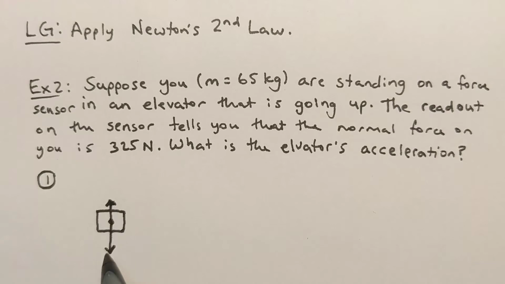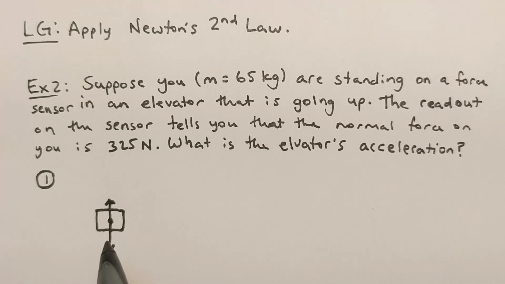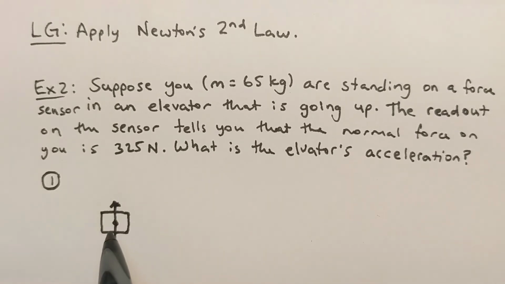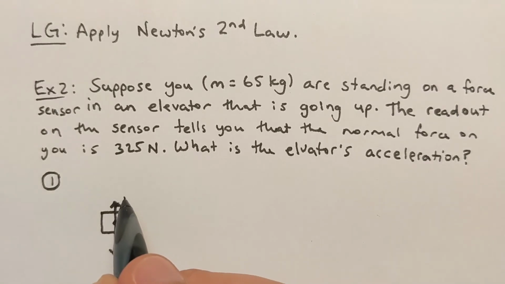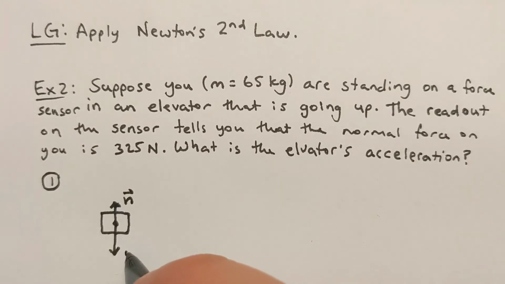The normal force always points perpendicular to the surface, and we're going to assume that the floor of the elevator is level, like is usually the case inside of an elevator. So the normal force is going to be pointing perpendicular to that surface, the floor of the elevator, which is horizontal. So in this case, the normal force is vertical. So normal force pointing up, weight pointing down.